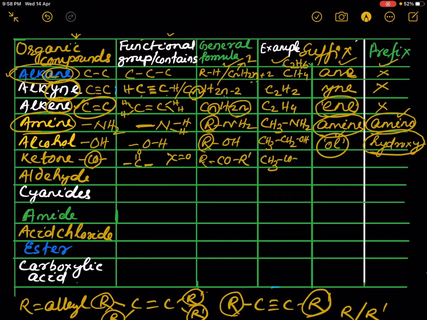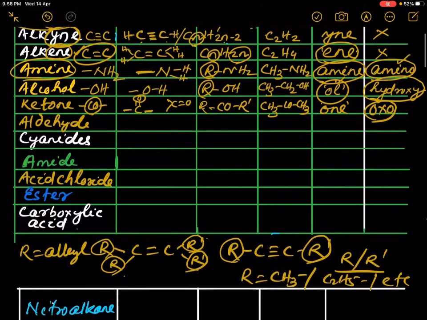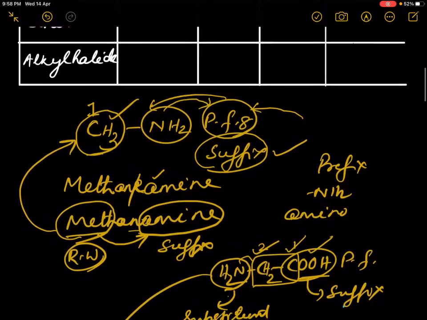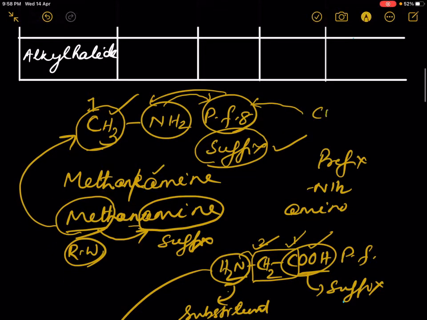CH3COCH3. This is a ketone. Suffix for ketone is one. Prefix is oxo. Oxo for this oxygen. You see CH3COCOOH. This is the principal functional group.